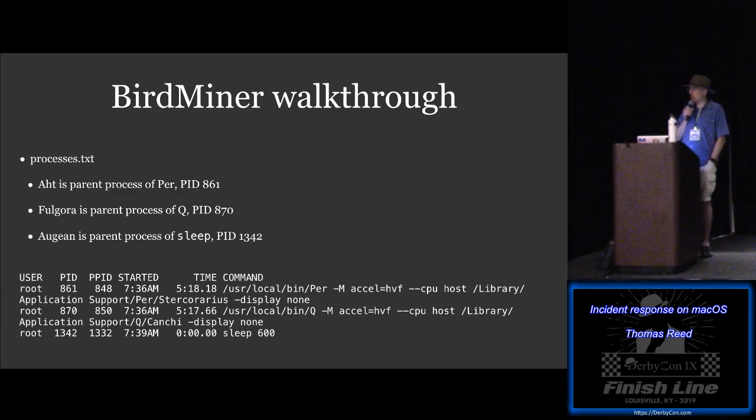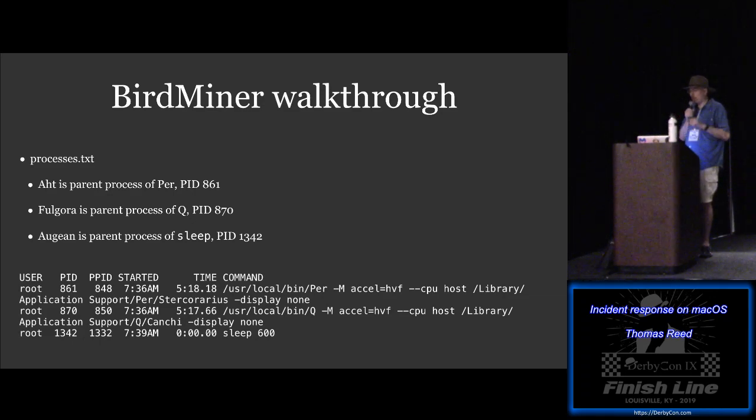Fulgora is a parent process of something called Q, again, just like that folder. And Augean is a parent process of sleep. So something must be recurring here.